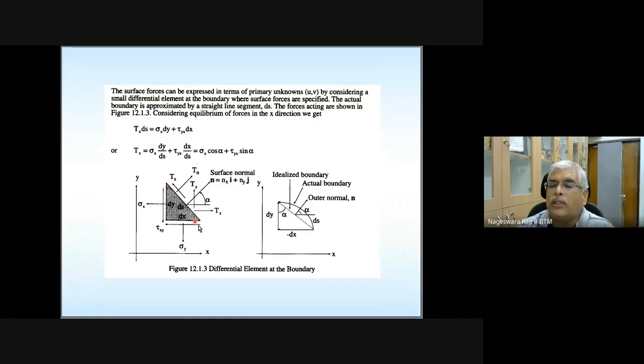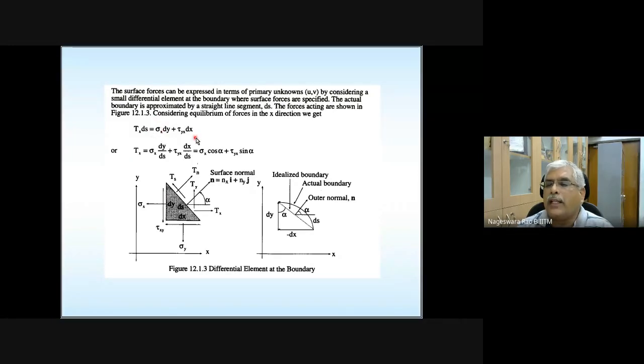What is the area on which it is acting? Please note that we are looking at a two-dimensional case. Out of plane dimension, we are assuming it to be unity. So Tx times ds times 1 unit is going to give you the total force acting in the x direction.